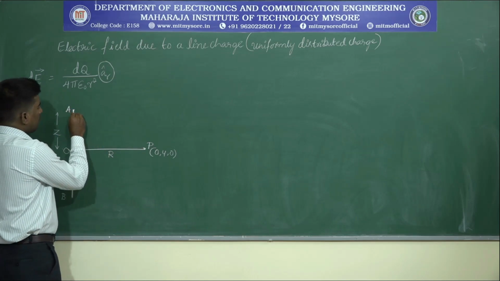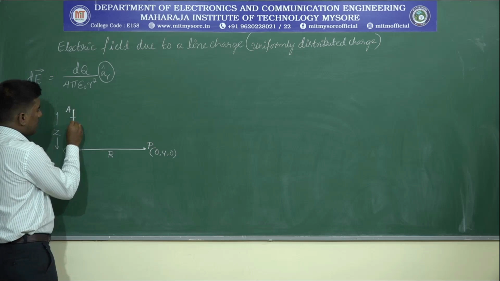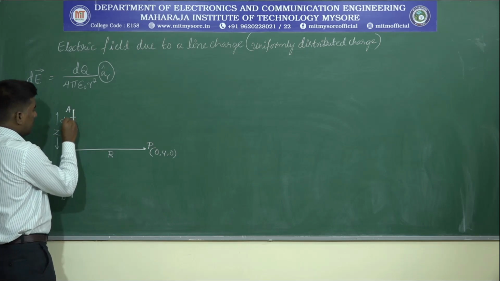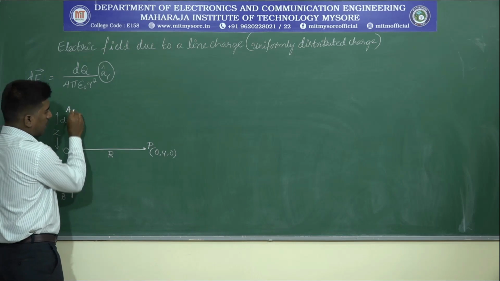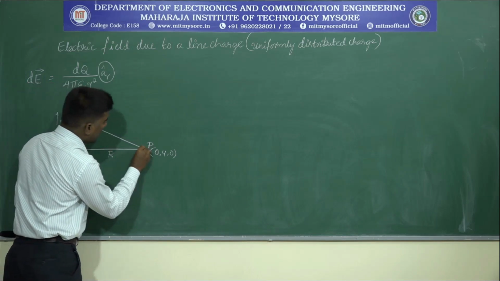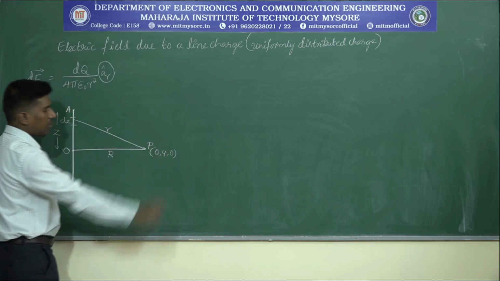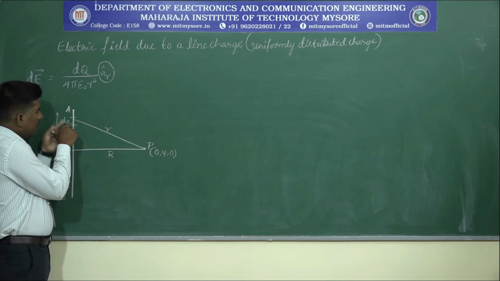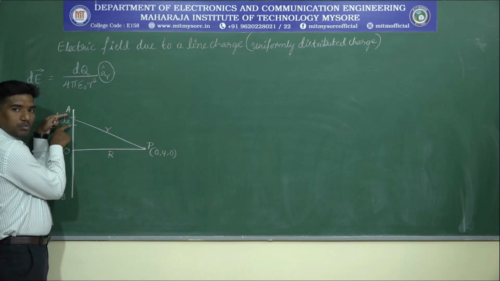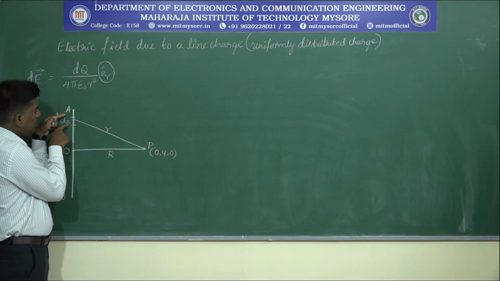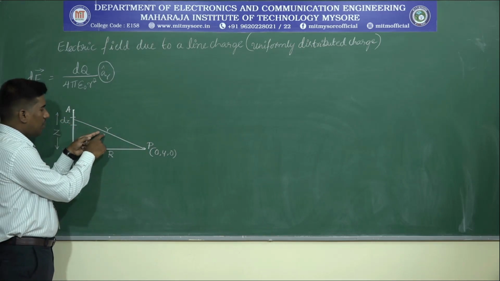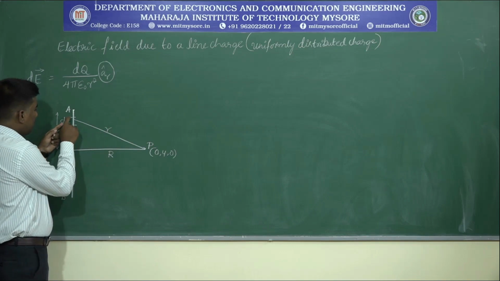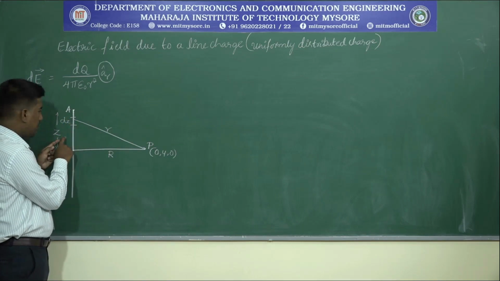The distance between the infinitesimally small elementary length dz and the point P is considered to be small r. The distance between dz and O is z.